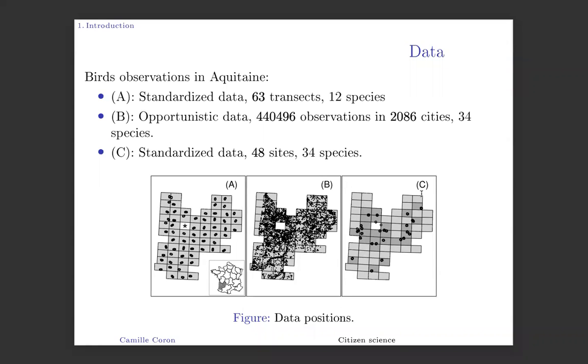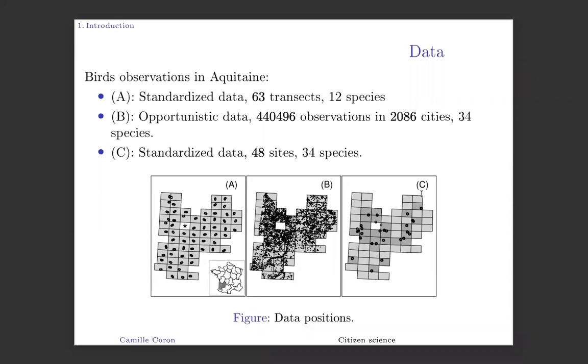The second data set is called an opportunistic data set, which means that we do not impose anything to observers, basically. It's just a website on which anyone can register and report the observations that they make on birds. They are not forced to stay for a given amount of time, and they are not forced to report all their observations.